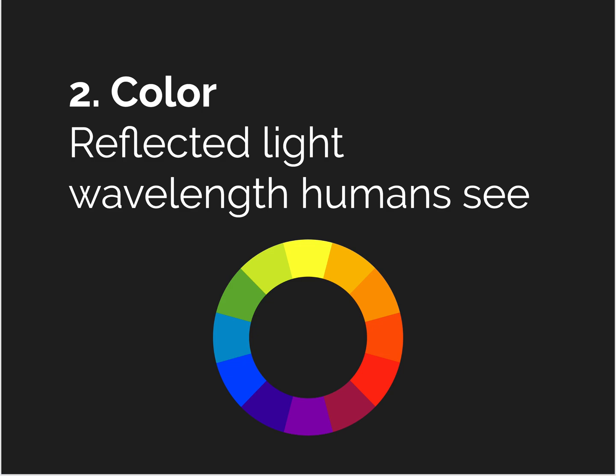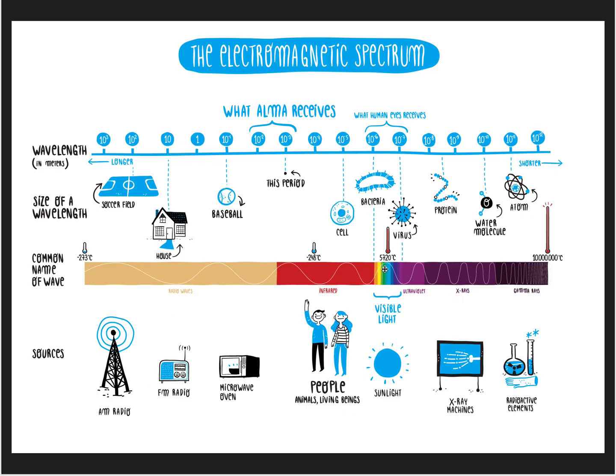If you see something that is an orange carrot, for example, that part of the spectrum is being reflected to your eye. And color is part of that electromagnetic spectrum. If you look here, you'll see visible light, and all the colors we see are part of that spectrum. It's a small sliver, but it's part of it.